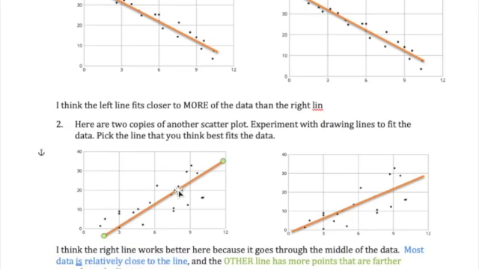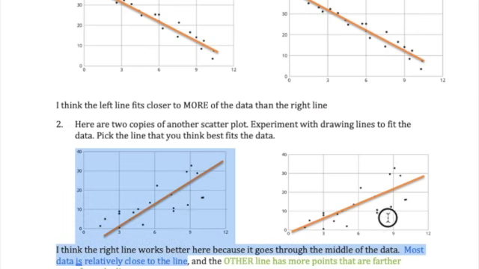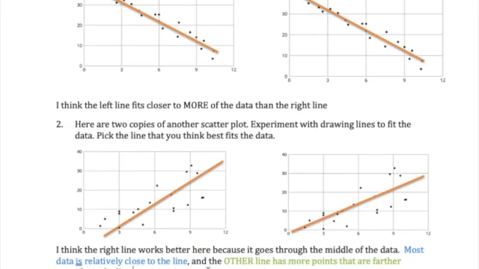Whereas over here on my left side, I have 1, 2 that are directly on it, and I have like 1, 2, 3, 4 that are really close to the line. So I have a solid 2 more really good points that are predicted on my right line. Doesn't mean that this is the right line, but I think it's a better line to use. So more data is close to the line, and fewer points are really far from the line. There are few points that are very far away.